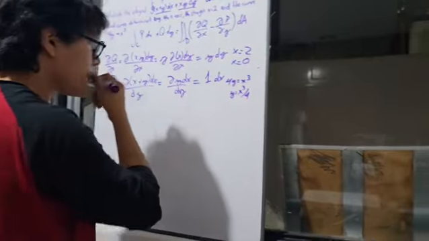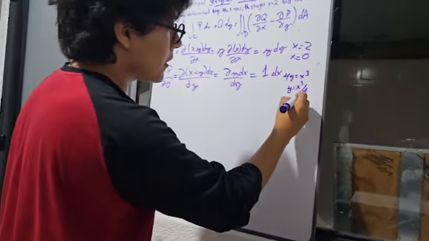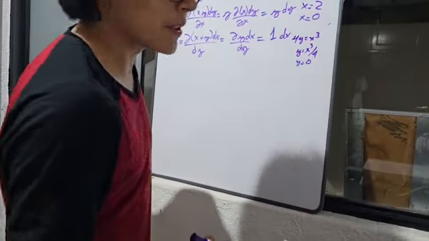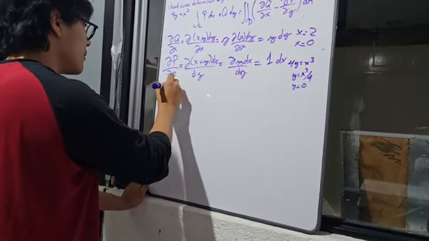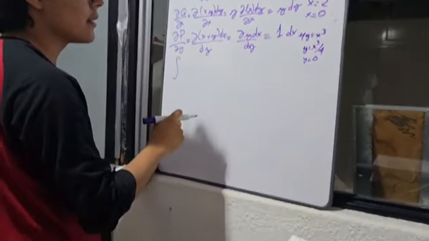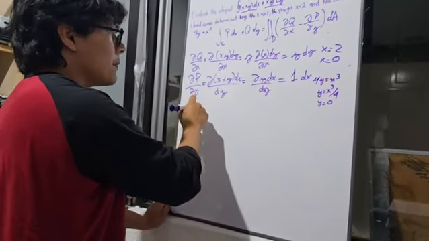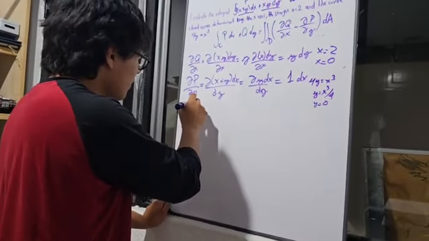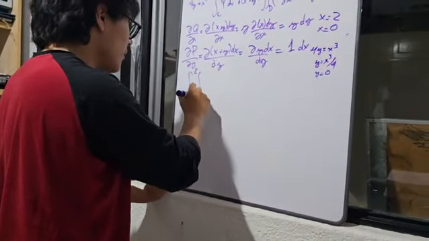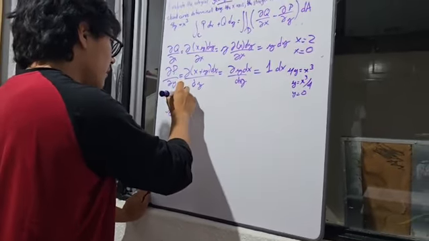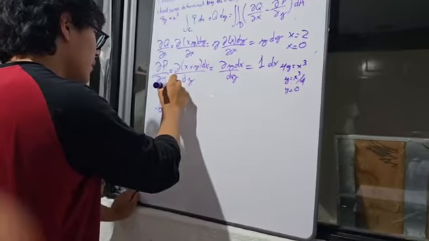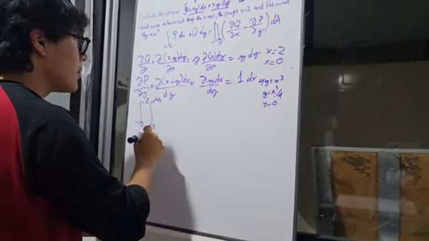And it starts at 0. They both meet at 0. So we can now finally get our limits: x from 0 to 2, and y from 0 to x to the 3 over 4.